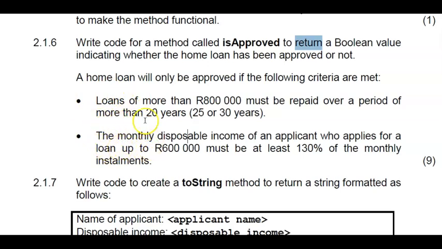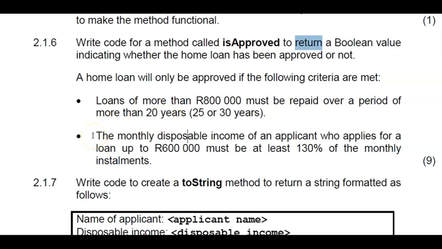Now it's a bit confusing, I'll tell you why now. The bullets itself aren't confusing, it's what's been left out that's a bit confusing. Loans of more than 800,000 must be repaid over a period of more than 20 years. So if that loan amount is more than 800,000, the years must be greater than 20.